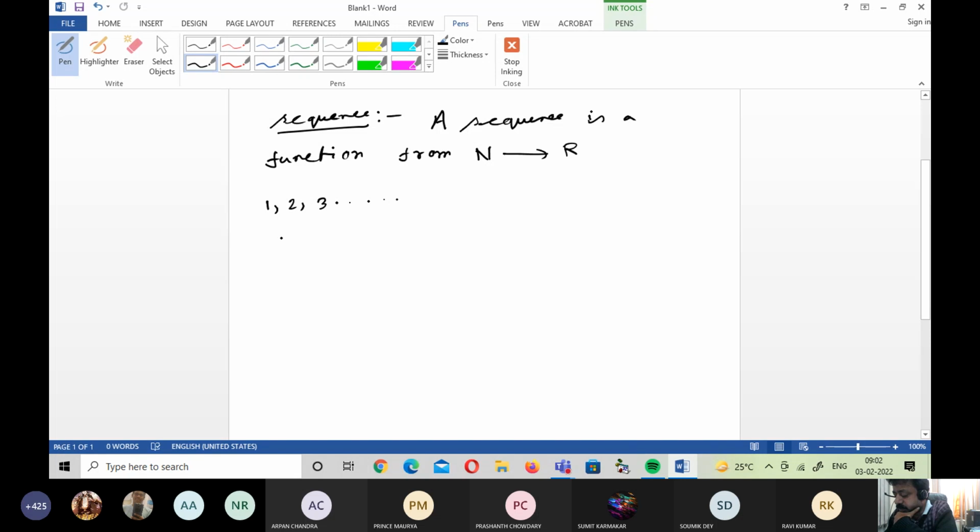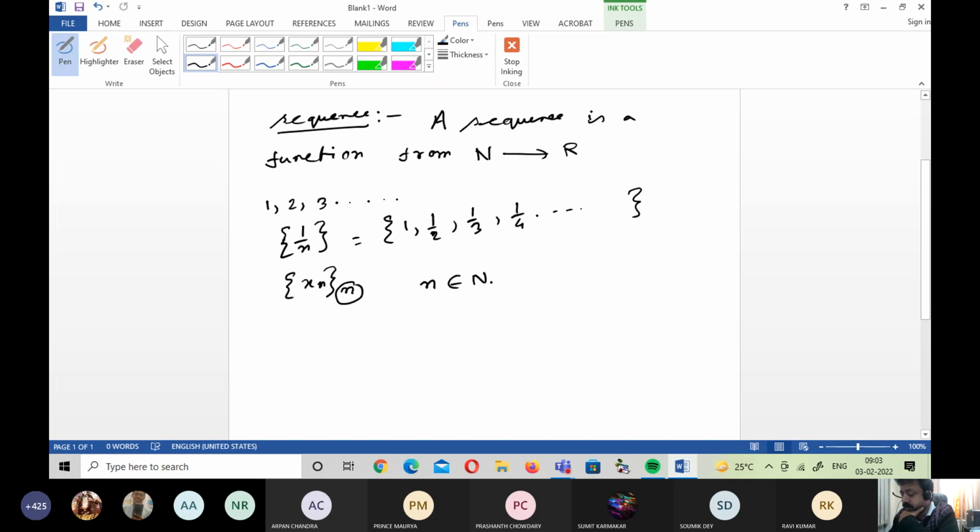Suppose the elements of the sequence are 1 by n, then what will be the sequence? 1 by 1, that is 1, 1 by 2, 1 by 3, 1 by 4, in this way. Where 1 by n will be f(n), which can be written as xn, for any natural number n, where n is an element of the natural numbers.